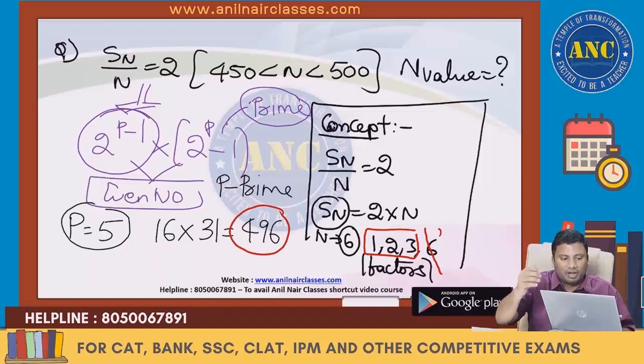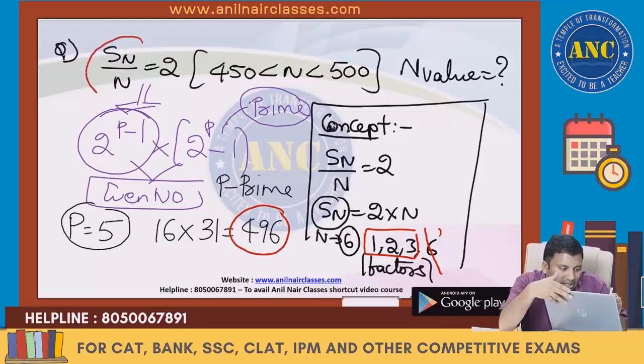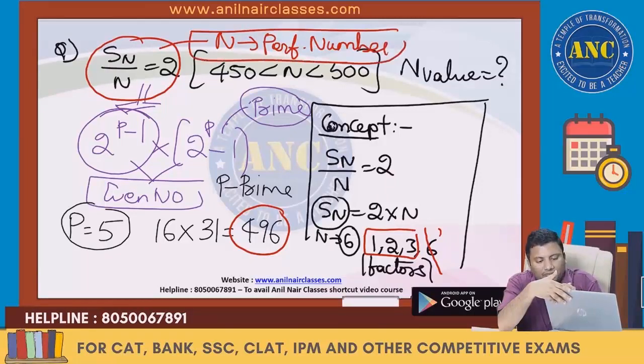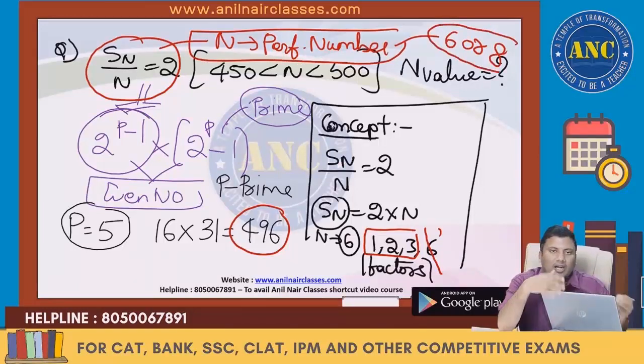Please remember, Sn by n is 2. The entire logic is in determining that the number is a perfect number. Till now there are only a few perfect numbers that exist. All the perfect numbers lie between 6 and 8.